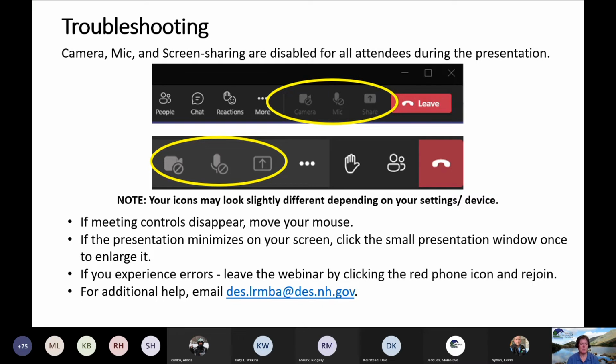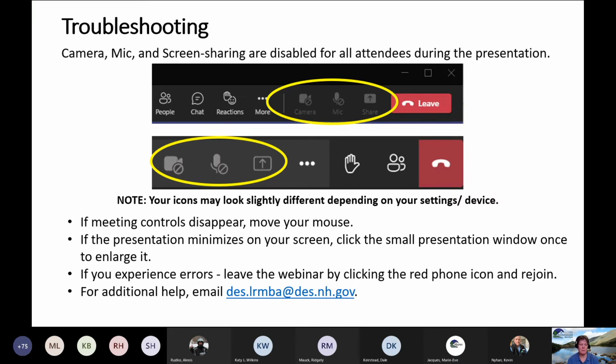You should see a toolbar at the top of your screen, where the camera, mic, and share buttons have been grayed out. Next to those is a red hang up or leave button, which hopefully you won't need, but you may find useful just in case. If your meeting controls disappear, simply move your mouse.